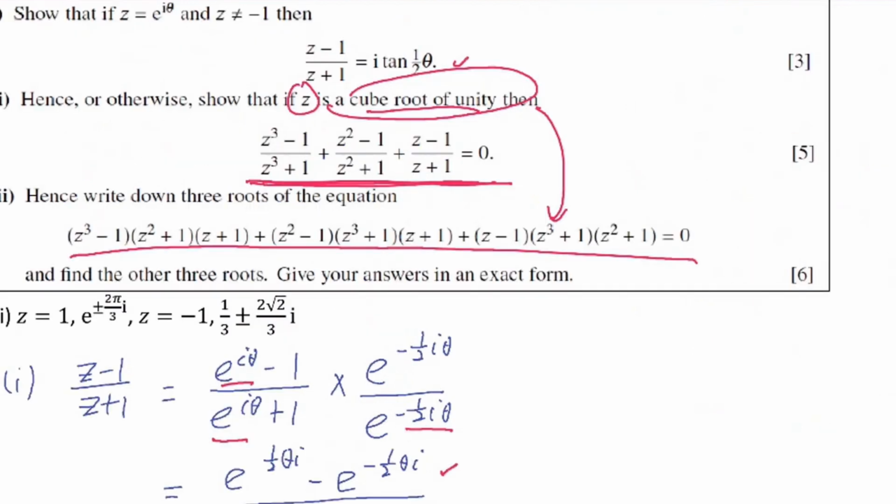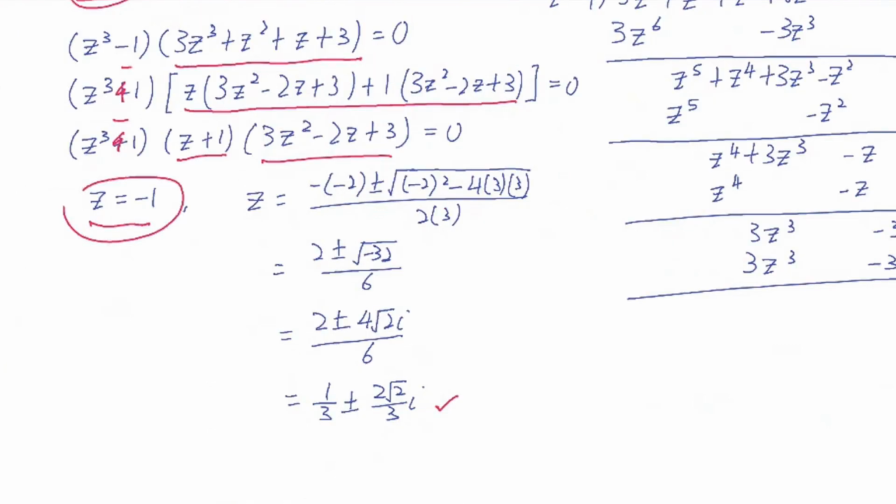So at last, the two roots of this equation are actually our cube roots of unity. And the other three roots here are actually listed here, this and these two. So that's how we look at this question here.